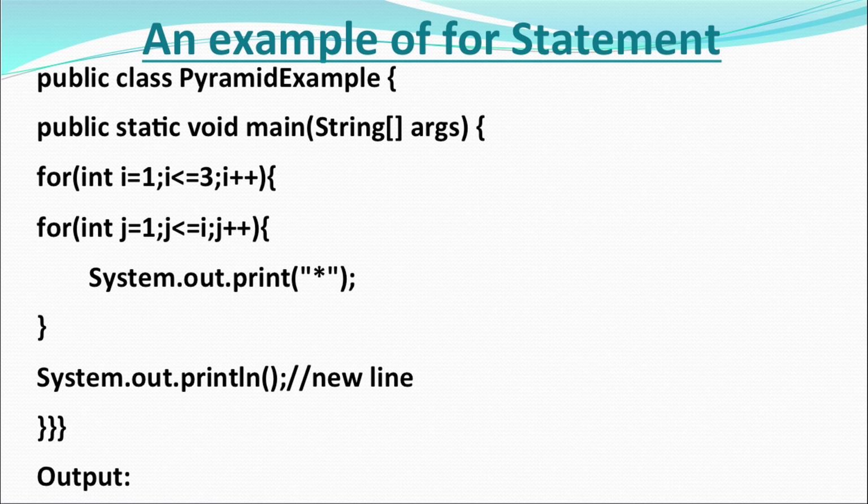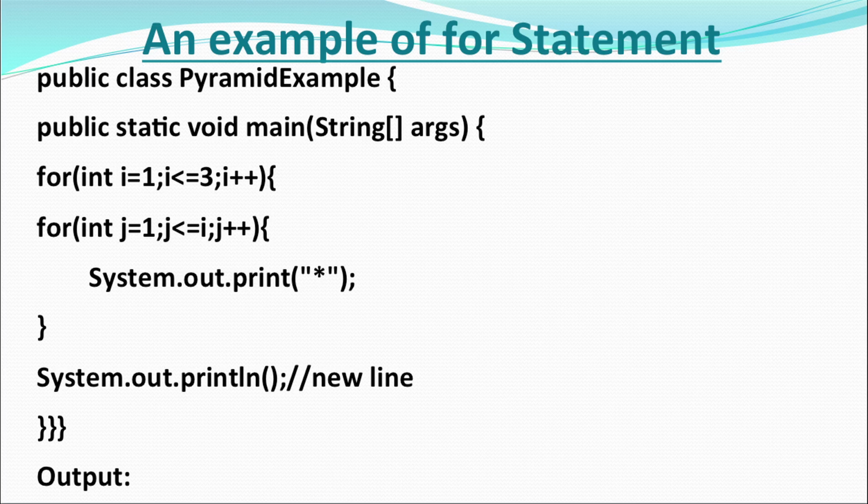Now you can see it in the output down below also. And then again the j will be incremented by 1, and then this condition of j less than or equal to i will be checked. This time this will be executed 2 times. And then the control will go to i again, and this time i will be 3.